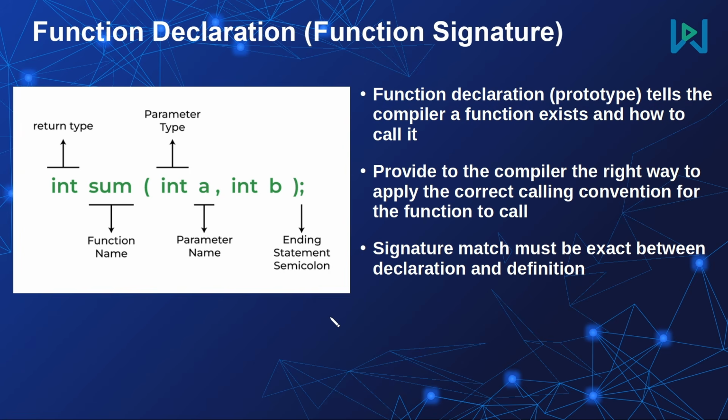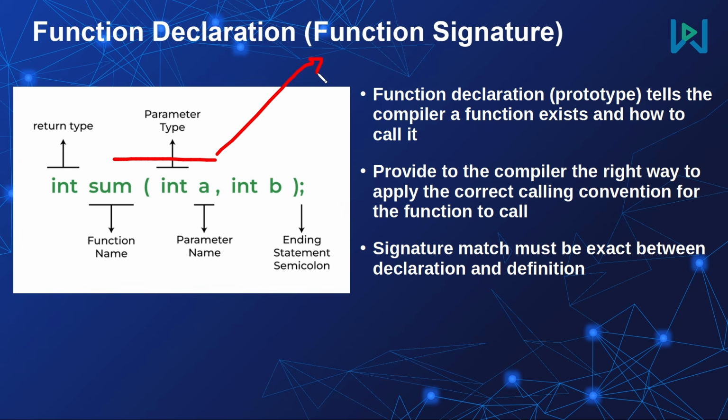Now, this is the example of how we can declare a basic C function within our program. This C function prototype is what is called a function signature.